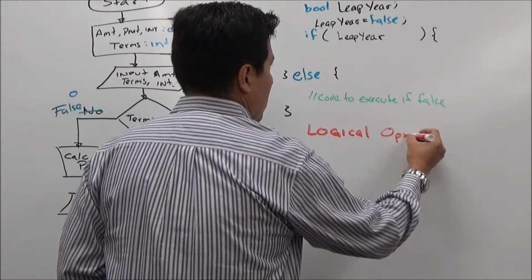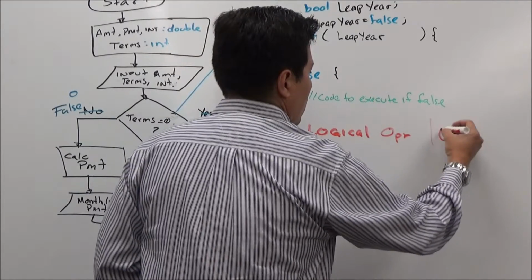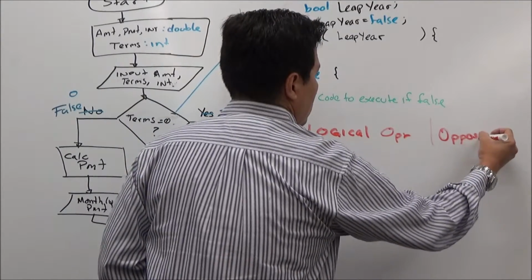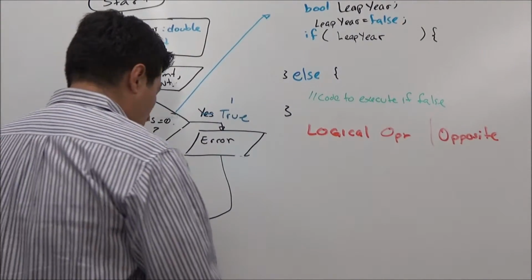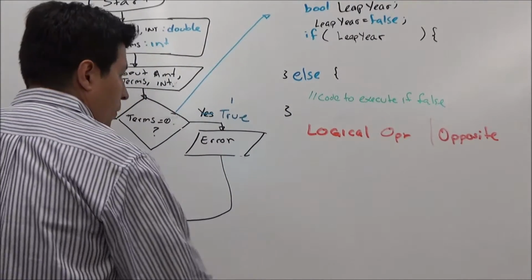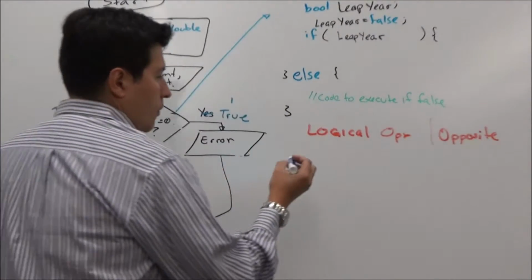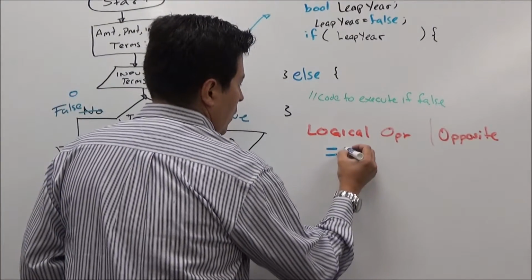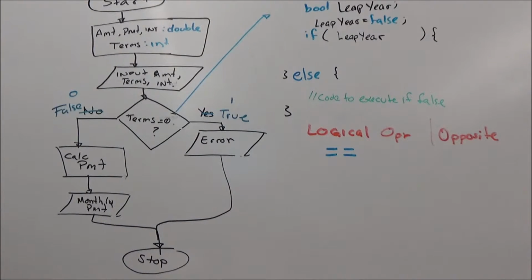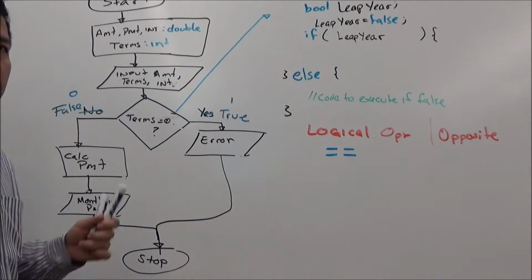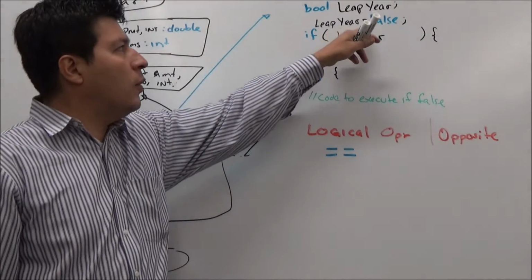I'm just gonna write here, opposite. So if you want to compare two things to see if they're the same, we use double equal signs. Because if we use one equal sign, what do we do with one equal sign?